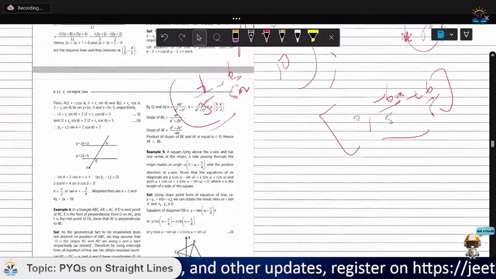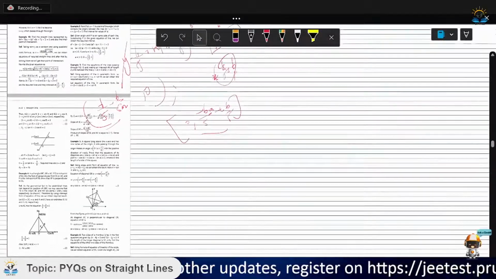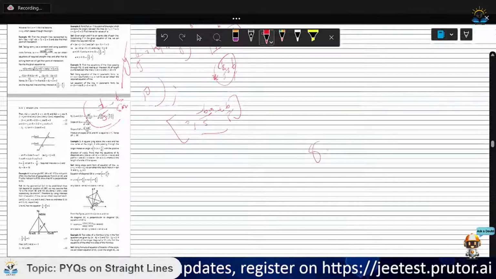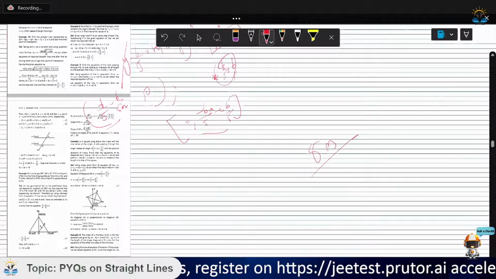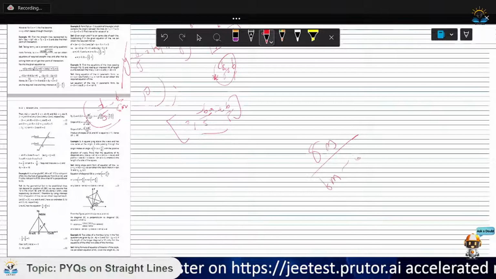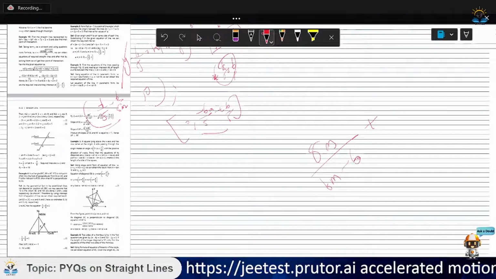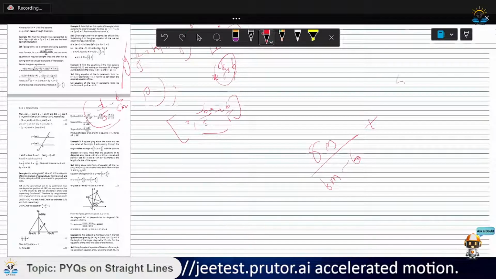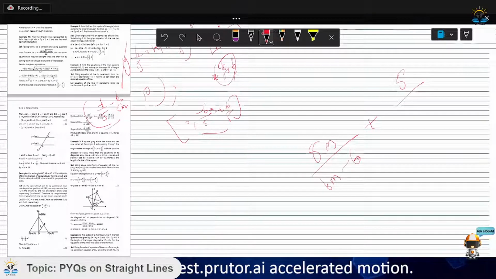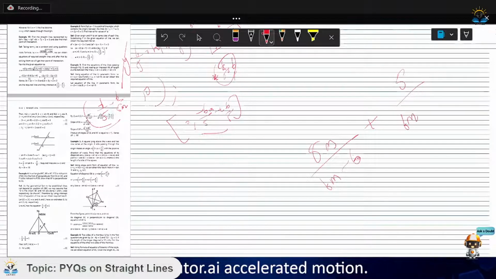Now taking the reciprocals, what am I getting? 5m upon 6m minus 6, plus 5 upon 6 minus 6m plus 6.